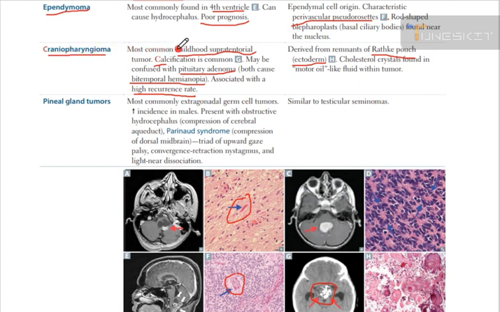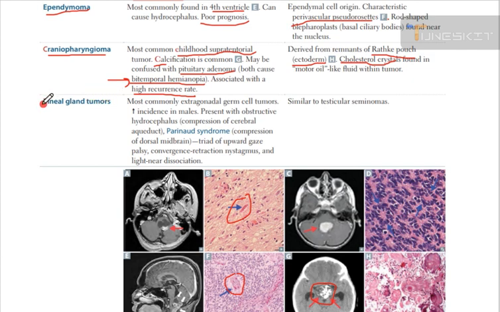Craniopharyngioma is the most common childhood supratentorial tumor. Calcification is a common feature, as you can see in this picture. It may be confused with pituitary adenoma, as both cause bitemporal hemianopia. This is the main symptom to remember. It is derived from the remnant of Rathke's pouch, and it has cholesterol crystals.